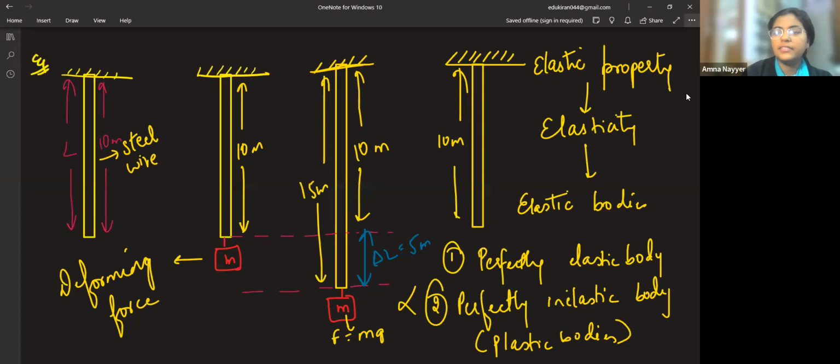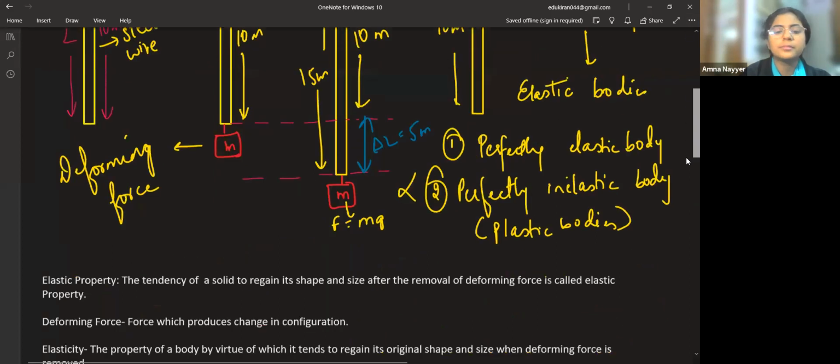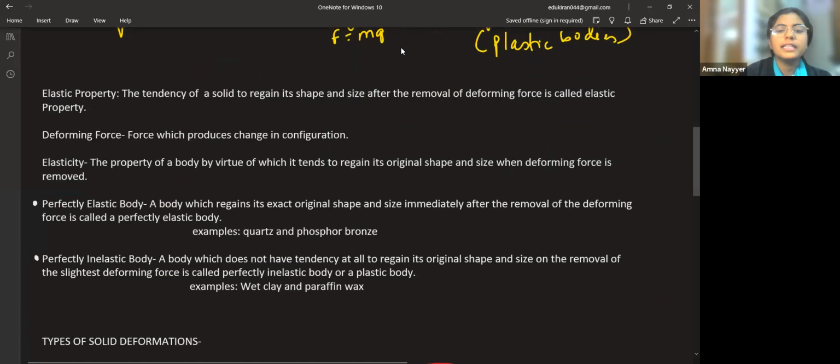All right, let's see the definitions also. Elastic property means the tendency of a solid to regain its shape and size after removal of a deforming force. The deforming force is the force which produces change in configuration.